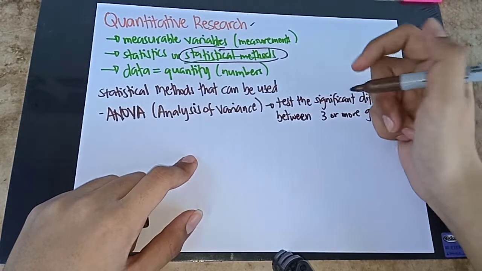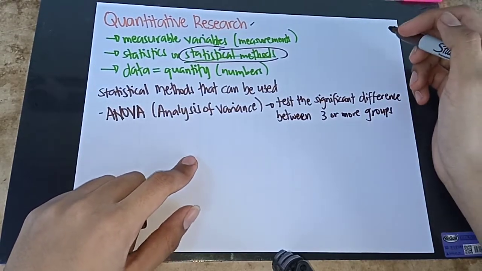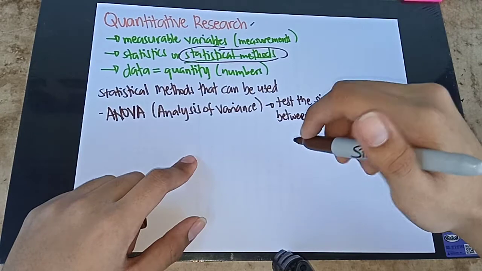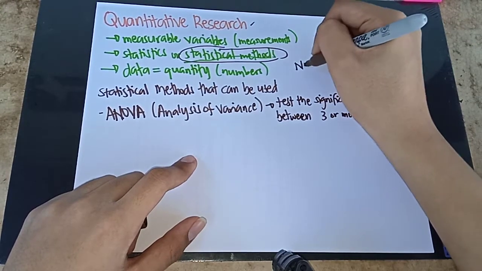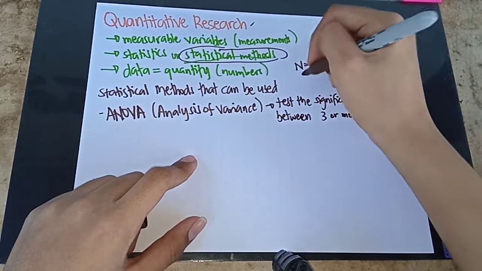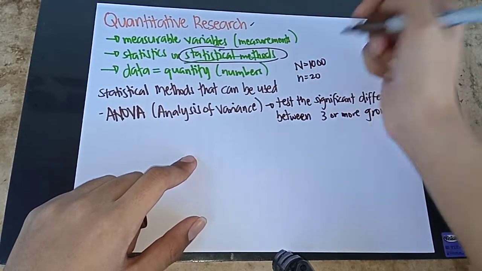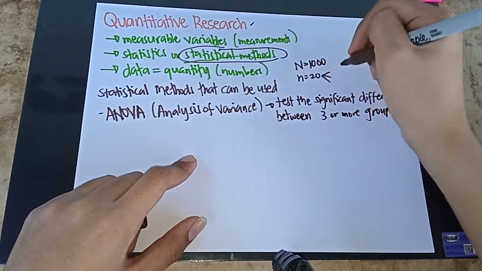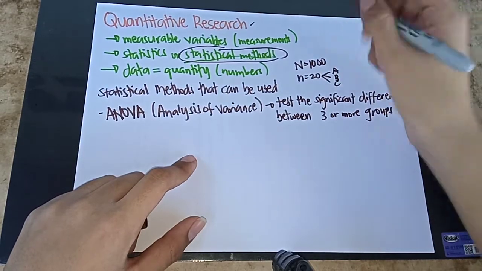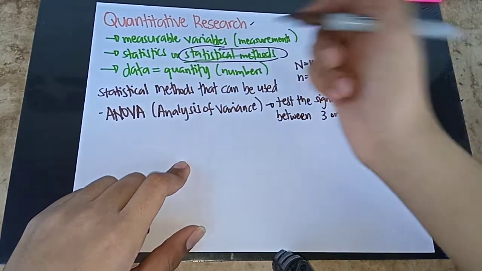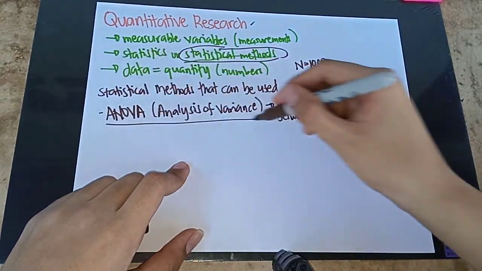Three or more groups. So for example, there is a population of 1,000, then you only use a sample of 20. And this 20 will be subcategorized into three groups, A, B, and C. So when you have three groups, you can use the statistical method ANOVA.